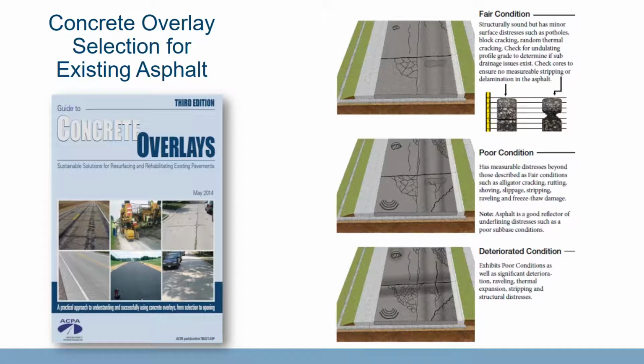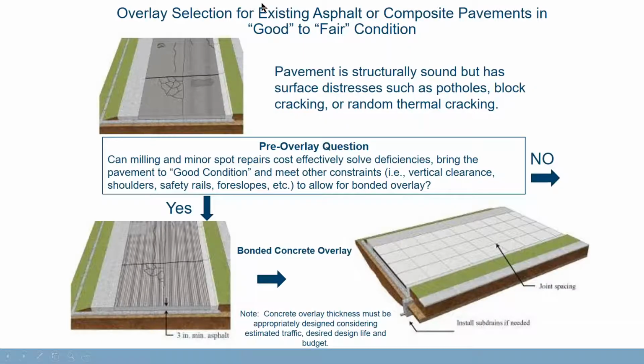You can see the pictorials on the right-hand side to give you a sense of what you might see in that type of condition. Poor condition, these would line up somewhat with those actual photos that I showed you a little bit earlier. Deteriorated condition of course will exhibit very poor conditions. But it gives you just a pictorial of that, and then you can move into some of the decision making.